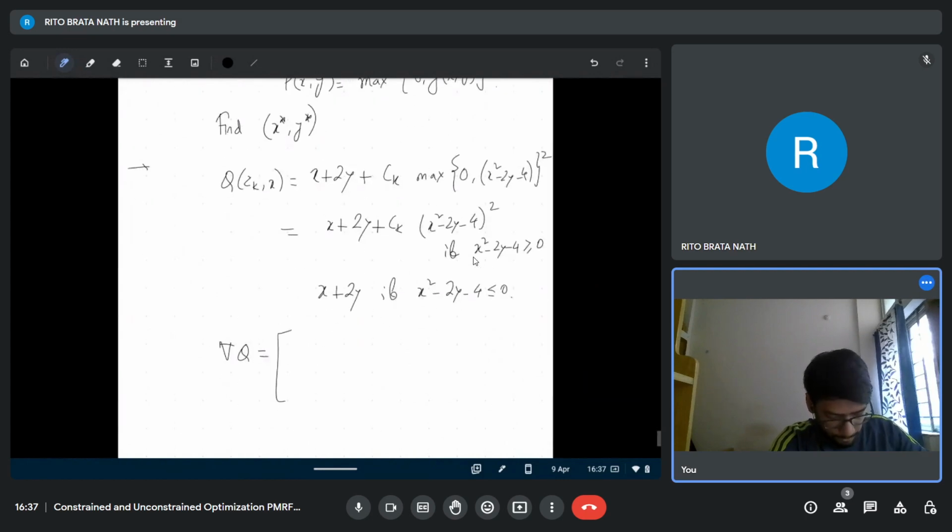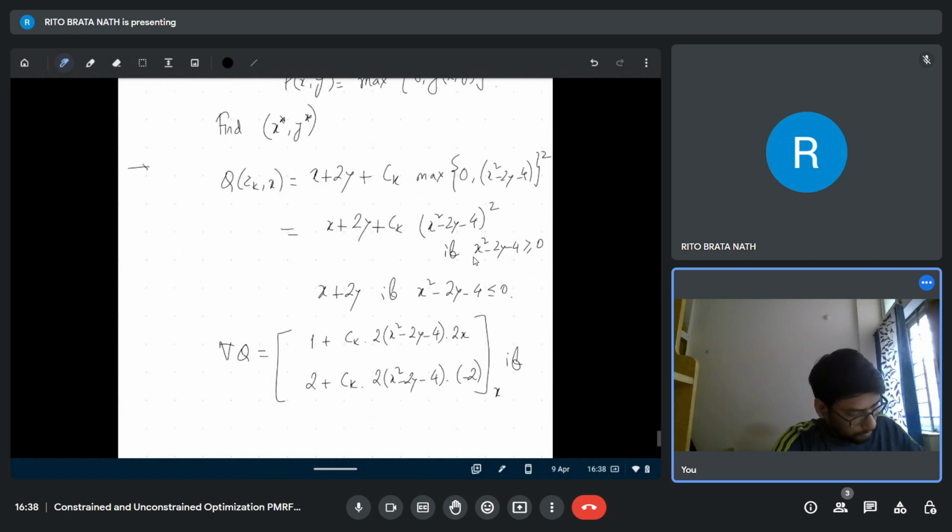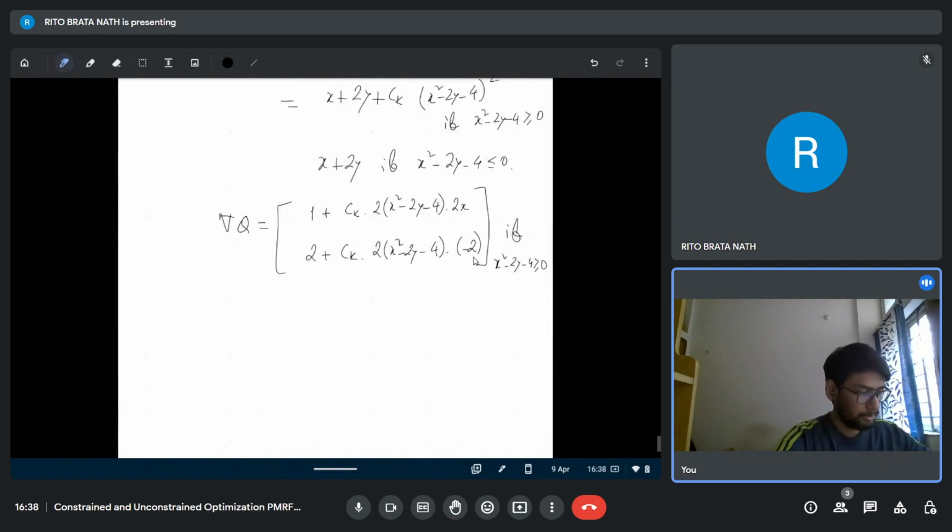So grad of Q is, for the greater than or equal to 0 case, let me write it down. So that's x, and for y, now you have to equate it to 0.